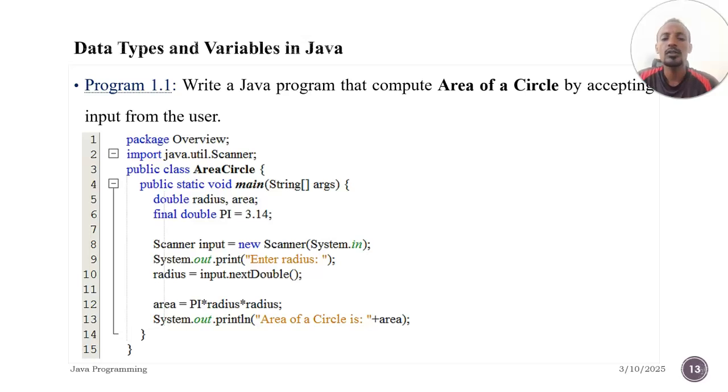Finally, we are going to display the result of the computation. System.out.println, where println means it prints on a new line. Then in quotation, the area of the circle is, concatenating the above area. This is the way you are going to write a program for computation of the circle.